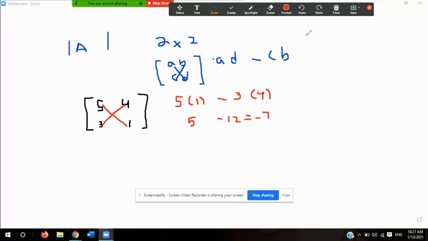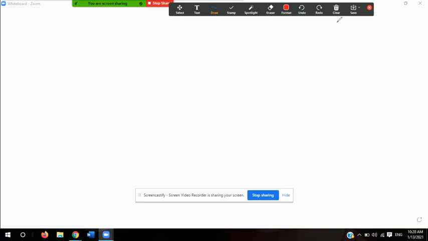But what do I do when I have a 3 by 3 matrix? This is just a rule used for a 2 by 2 matrix. Next, we're going to see the formula for a 3 by 3 matrix. A 3 by 3 matrix, of course, refers to a matrix that has 3 rows and 3 columns.